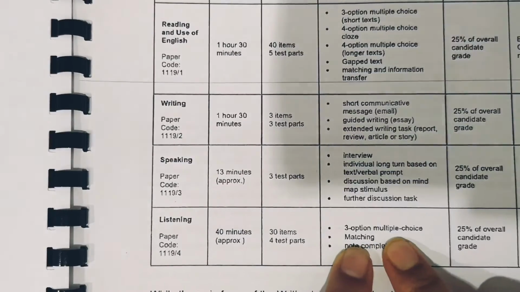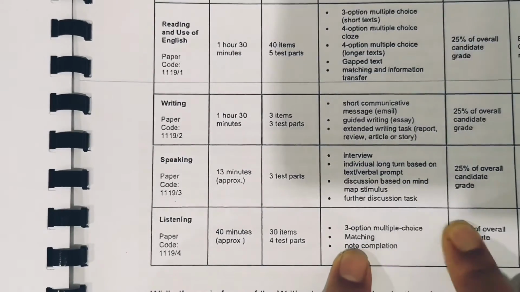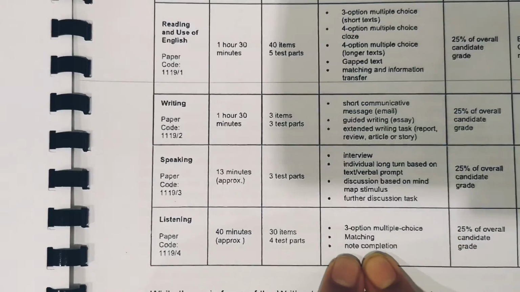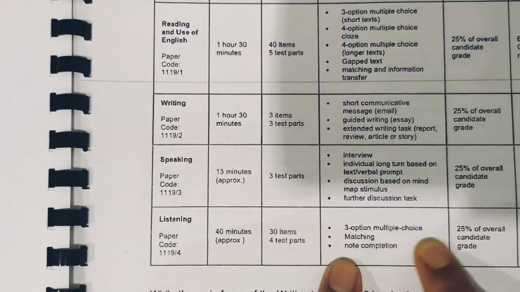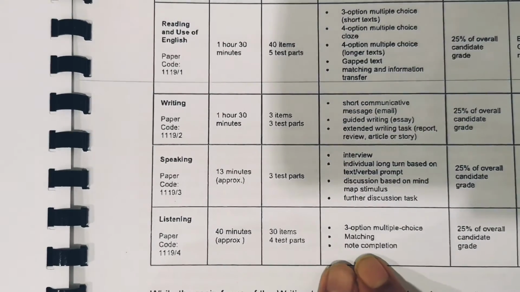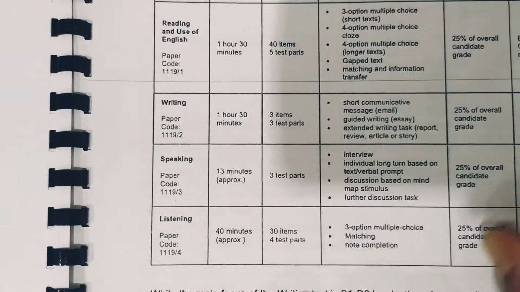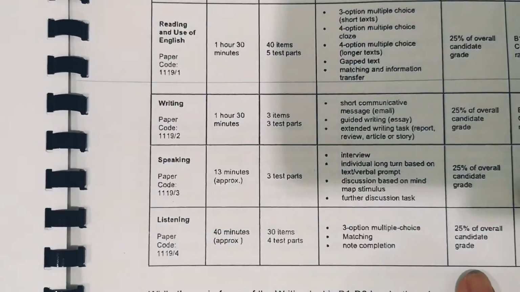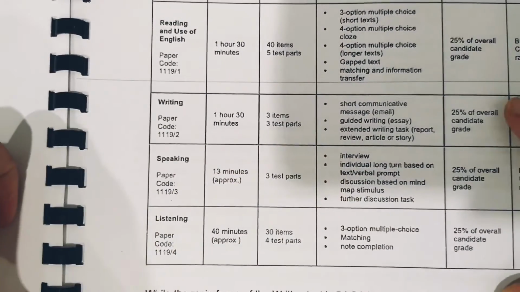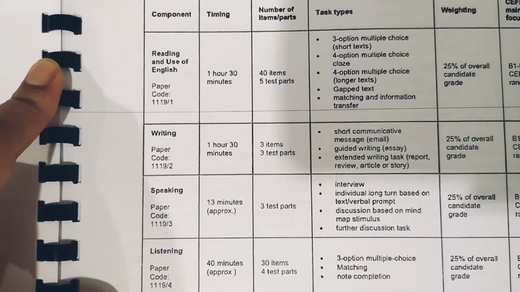There are 3 option multiple choice questions, A, B, C, D. You will also have matching type questions, and note completion, where you complete the notes based on the audio. This also contributes 25% of your overall grade.